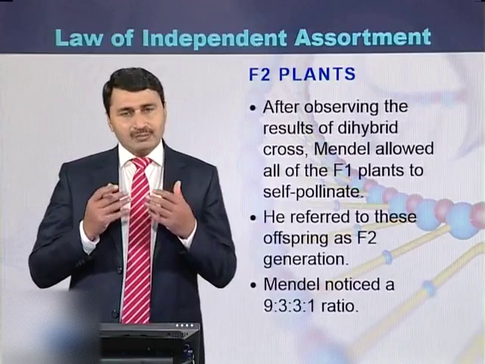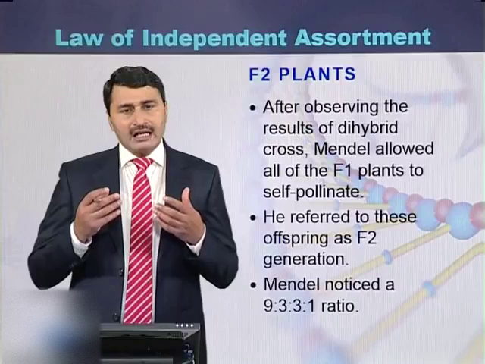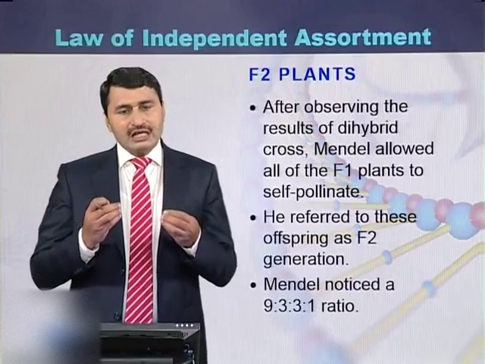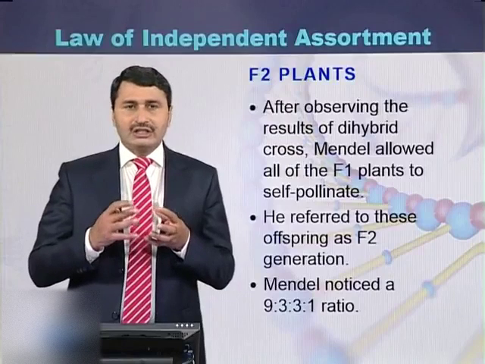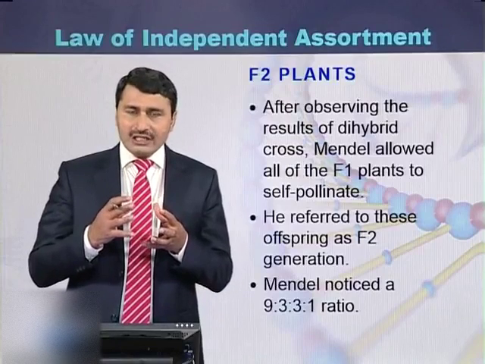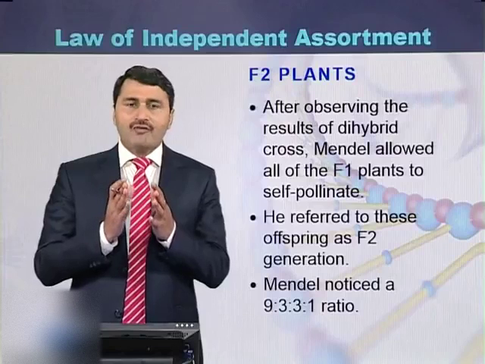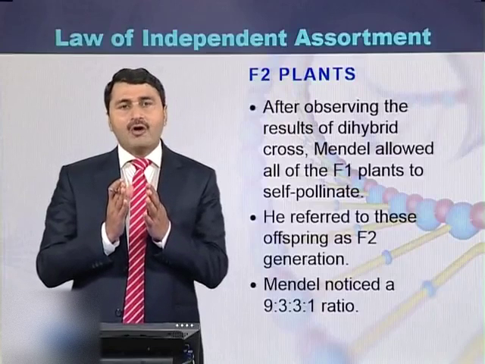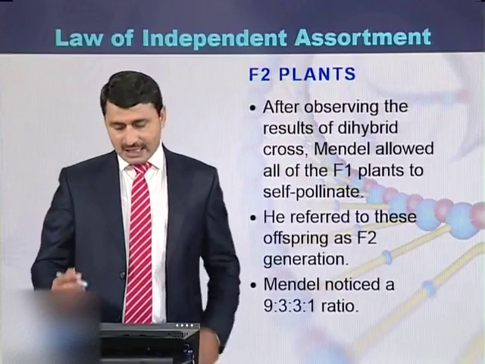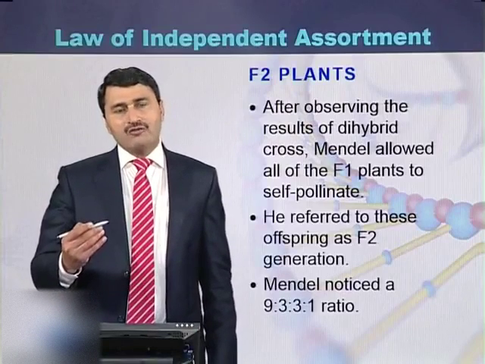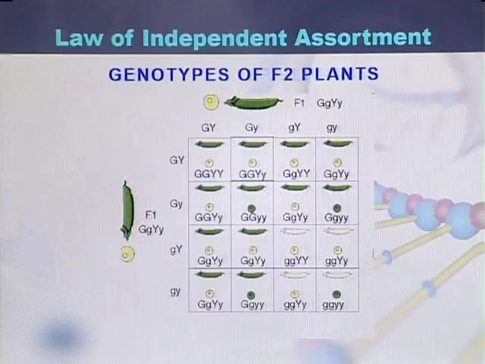That explains that the gametes are independently separated from each other. They were not united, not in the form of a bundle or a unit. They were separated from each other independently because the ratio was 9:3:3:1.